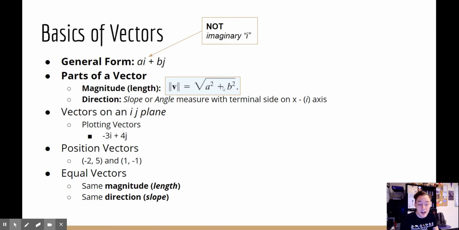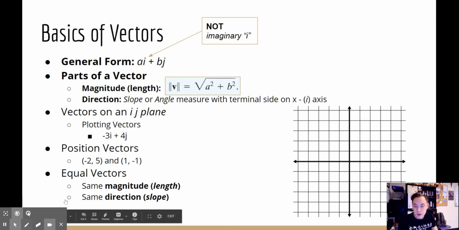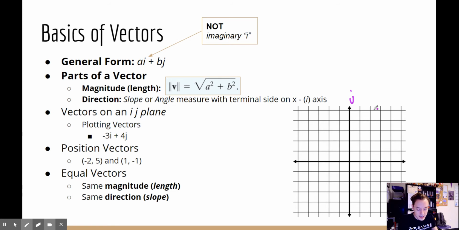That is straight up my Pythagorean theorem, of course. So it's all going back again to the Pythagorean theorem, which is amazing, right? I love that. And then let's actually get into plotting these vectors. So this is going to be my j-axis, and this is going to be my i-axis. All right, my j-axis and my i-axis. How do I plot negative 3i plus 4j?